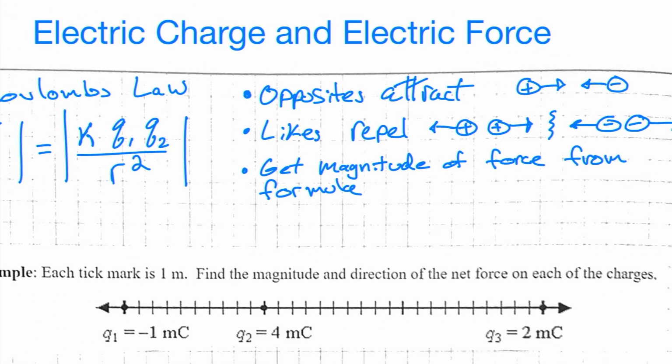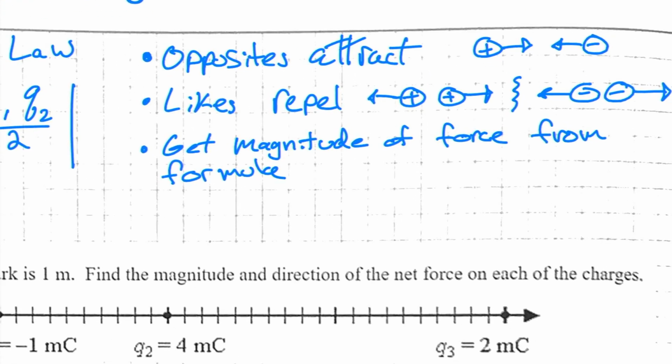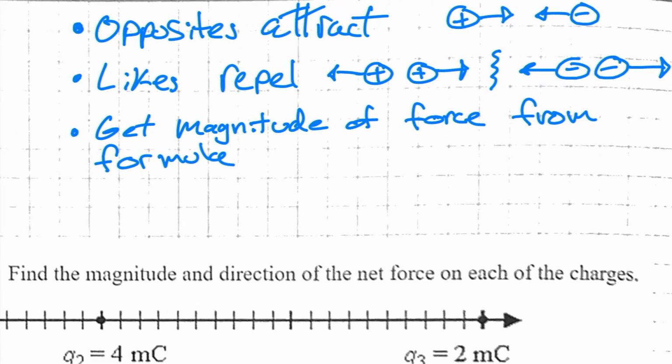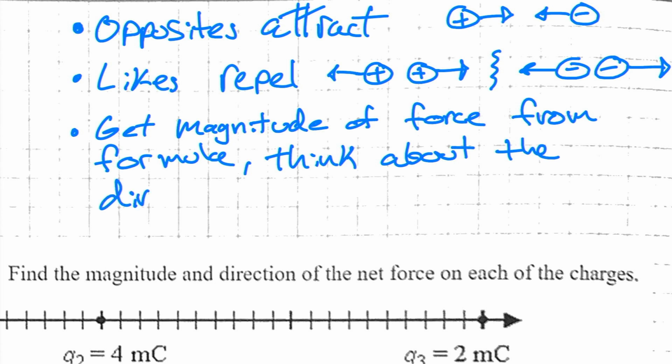So when you're plugging your numbers in and putting it in your calculator, don't even put negatives, just make both of the charges positive. So we get the magnitude of the force from the formula, and we can think about the direction of force separately.